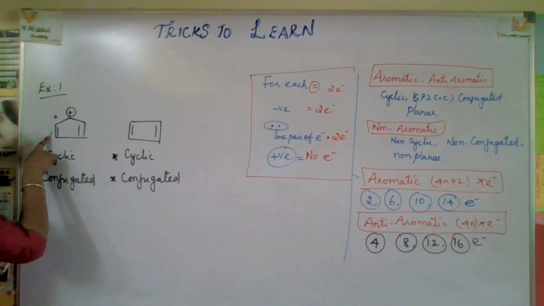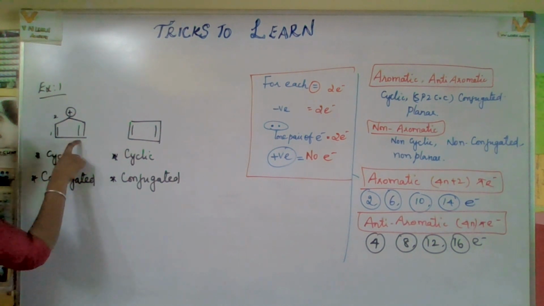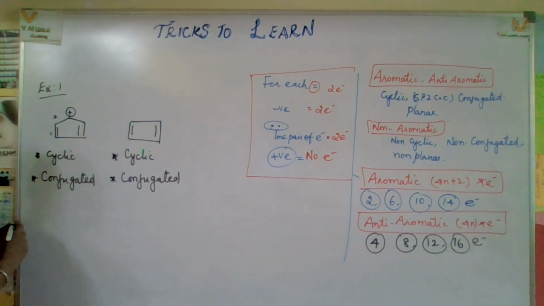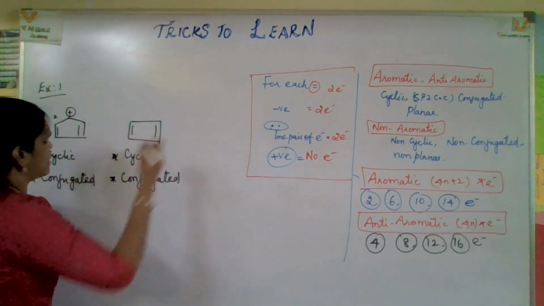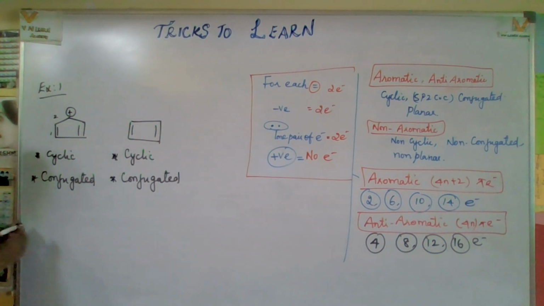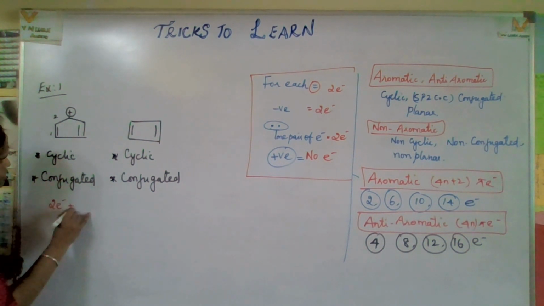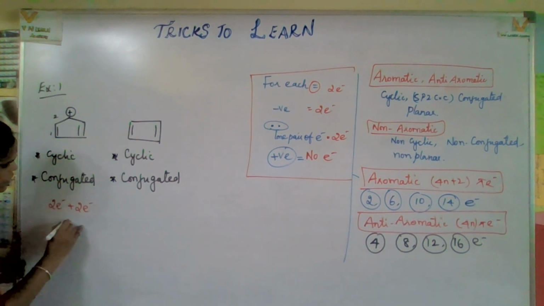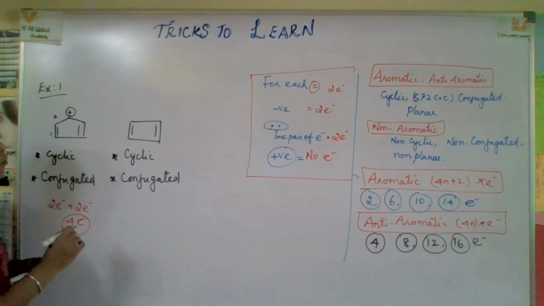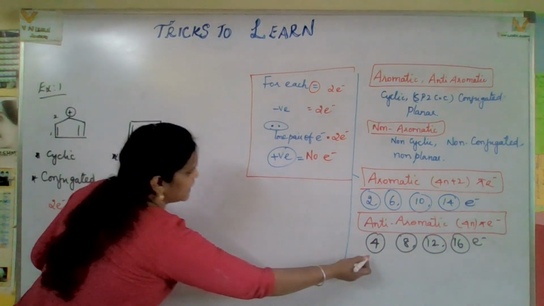Here 1, 2 double bonds are there, so 2 electrons plus 2 electrons, 4 electrons. So 4 electrons means it is anti-aromatic.